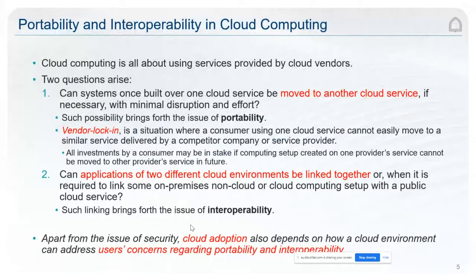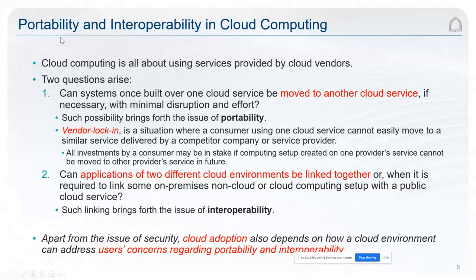Okay, today we are going to talk about two important concepts. Actually, they are not technology. They are just concepts, and these concepts need some technology to make them come true. For example, we have portability and interoperability.